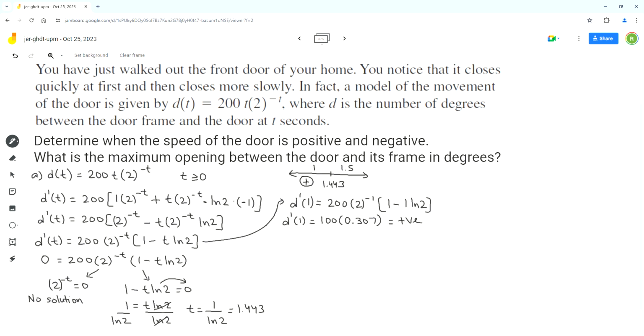Now we can do the analysis on the right side. So we can sub in t as 1.5.